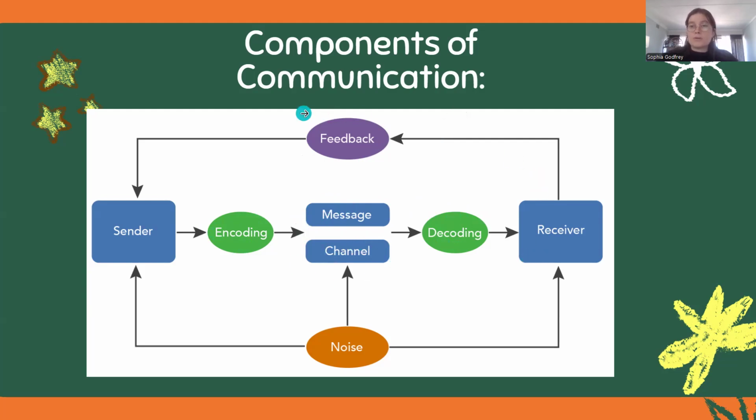Now let's get to feedback. Feedback is what you as the audience, the listeners, do back to me. In a face-to-face classroom, your feedback may be nodding your heads, a thumbs up, or literally saying, yes, this makes sense.